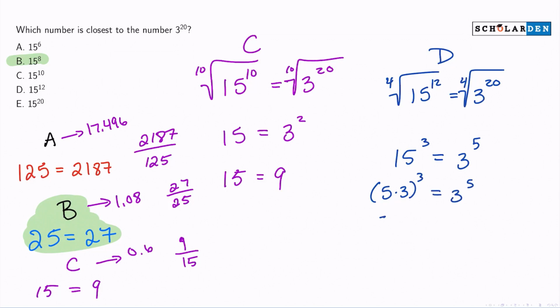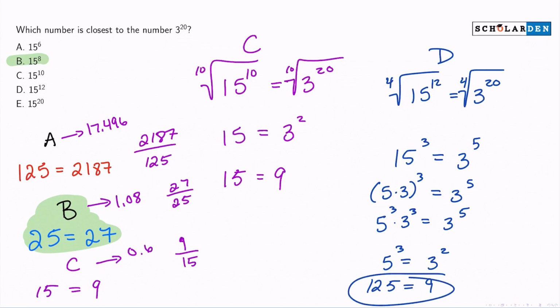And that allows me to write 5 cubed times 3 cubed. Now I can eliminate the 3 cubed on both sides, allowing me to write 5 cubed equals 3 squared, which is 125 equals 9. No, that's not even close. Right? That's not even close.